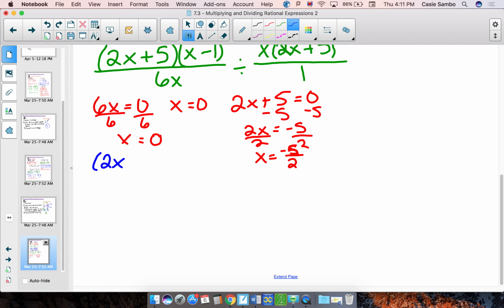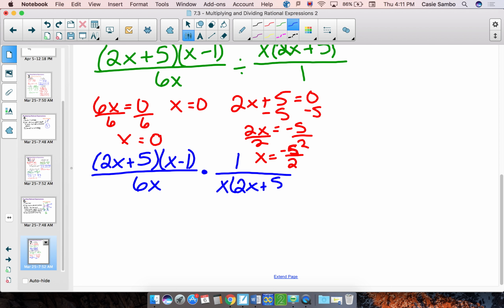So 2x plus 5 times x minus 1 over 6x times 1 over x times 2x plus 5. 2x plus 5 cancels, and nothing else does. These x's, the 6x and this regular x, they're both in the denominator, so they're not going to cancel out.